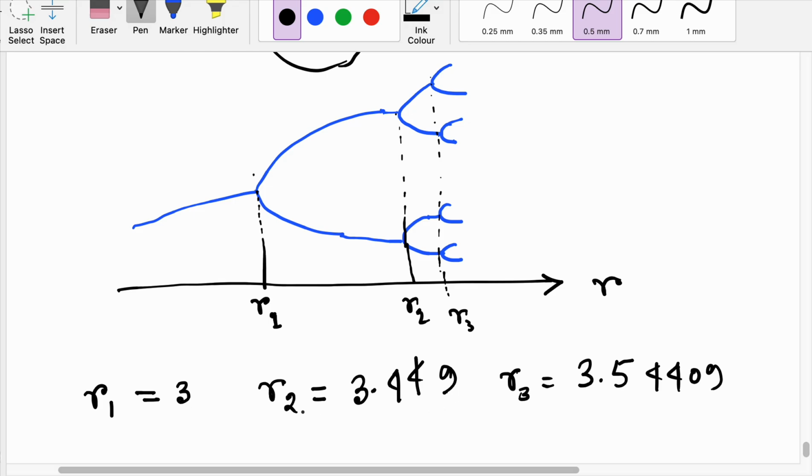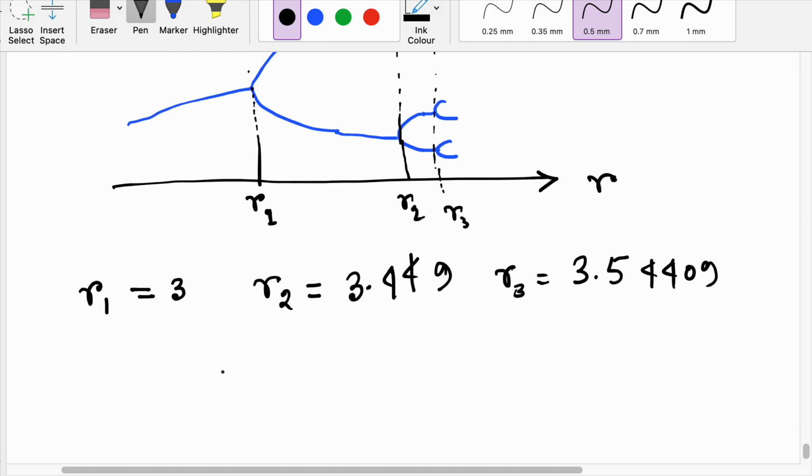The difference between r1 and r2 is 0.449, but for r2 to r3 the difference is smaller. So let's do it this way: r2 minus r1 divided by r3 minus r2.